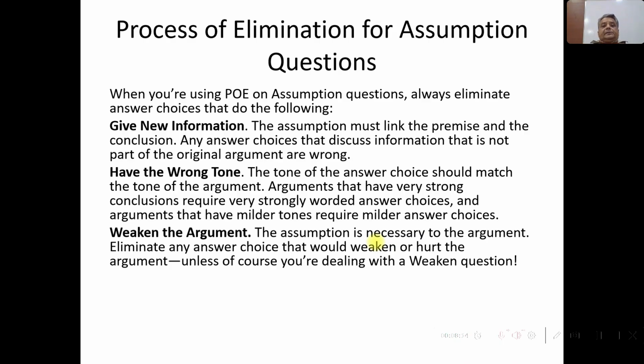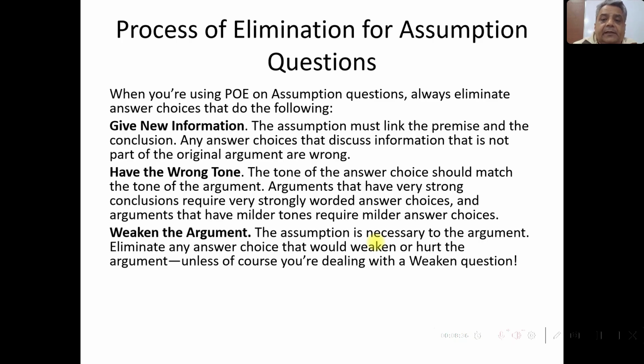Now we come to the last part, that is the process of elimination for assumption questions. This helps you in eliminating the irrelevant options. So when you are using process of elimination for assumption questions, always eliminate answer choices that do the following: give new information.